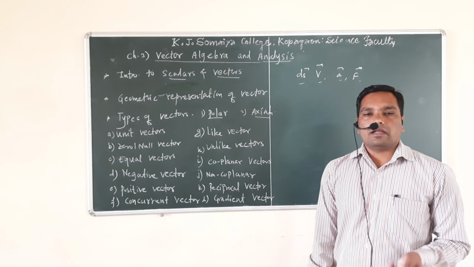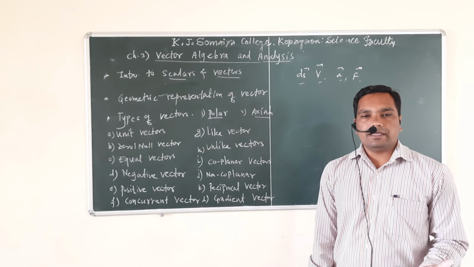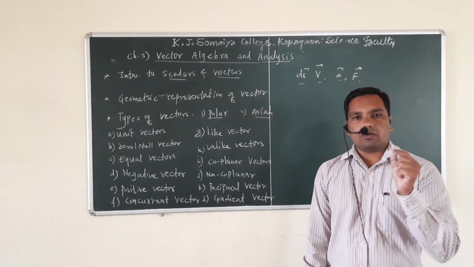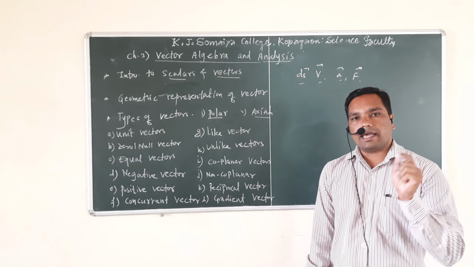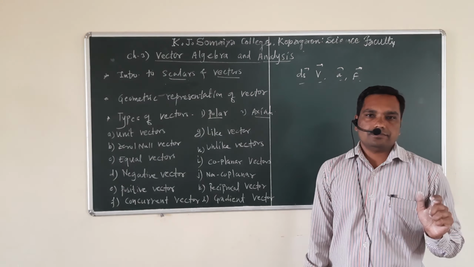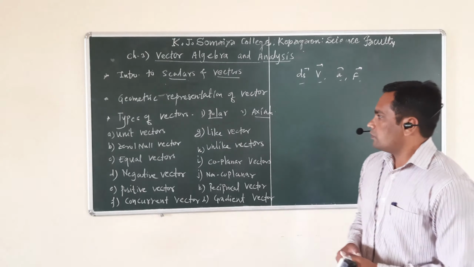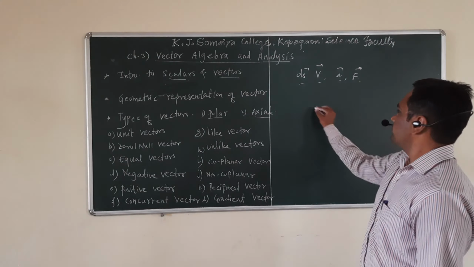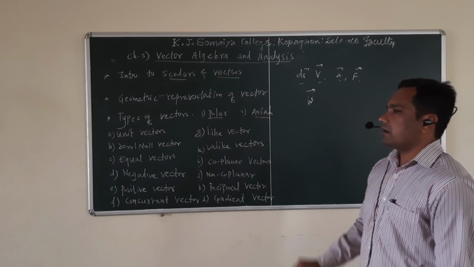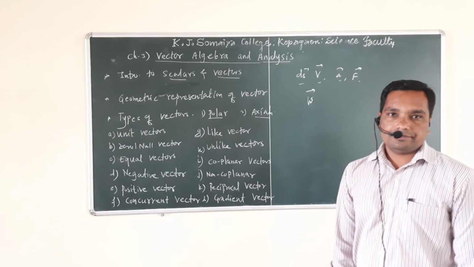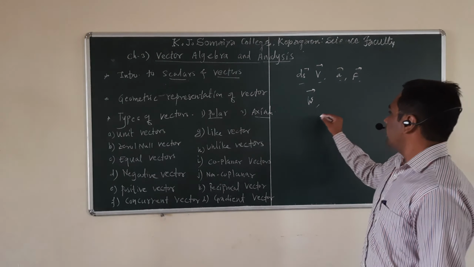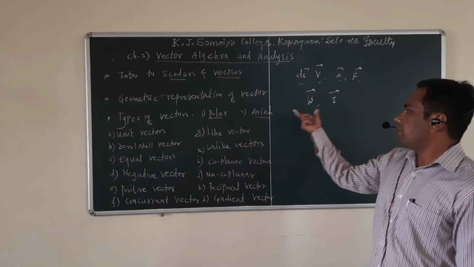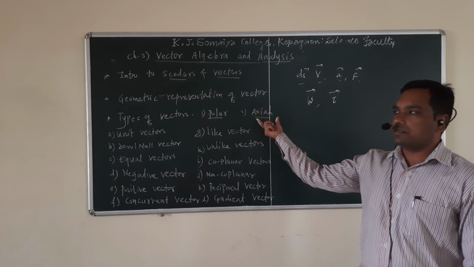Axial vectors are the vectors representing the direction of rotation of that object and directed along the axis of rotation. What are the examples of axial vectors? Angular velocity, then torque.